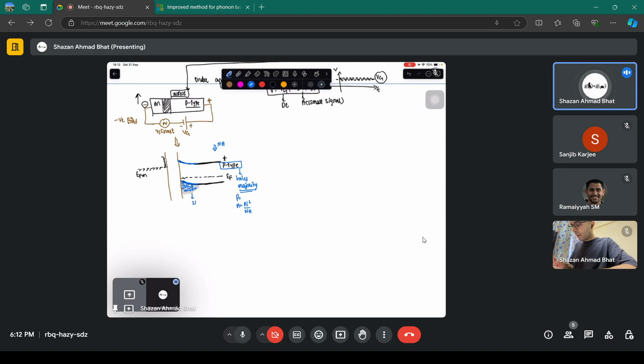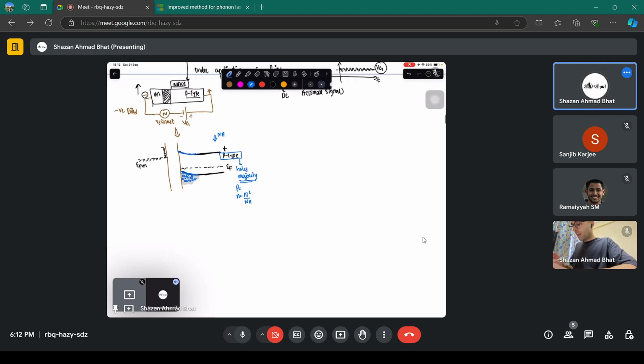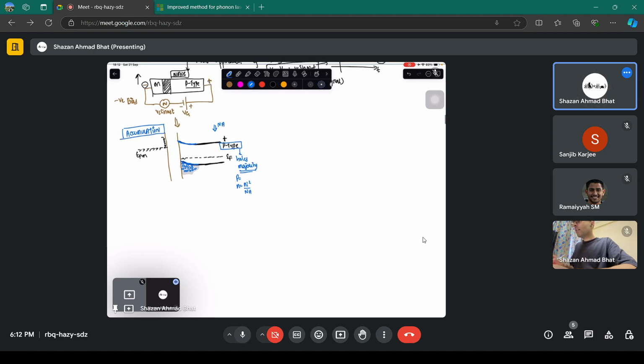It's almost something like a two-dimensional hole gas. Don't worry about this term, but a huge concentration of holes gets piled up at this place. This is called accumulation. Accumulation is the accumulation of majority carriers at the oxide-semiconductor interface. So this is the accumulated charge.